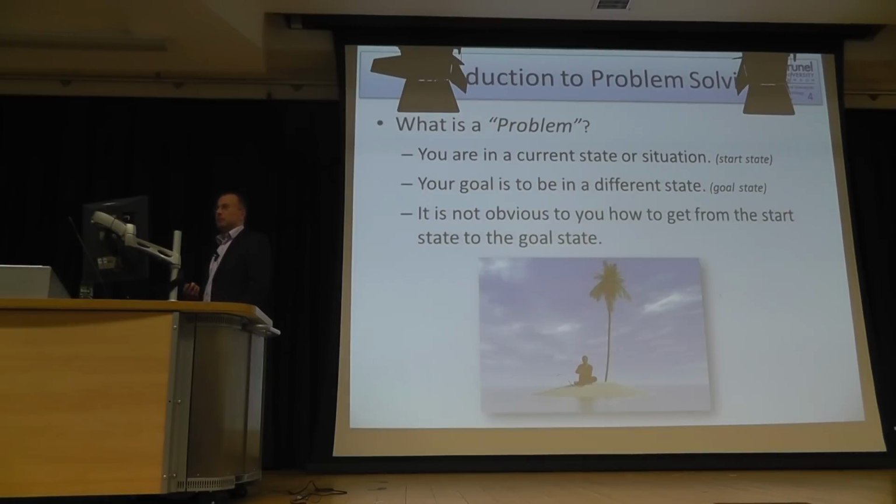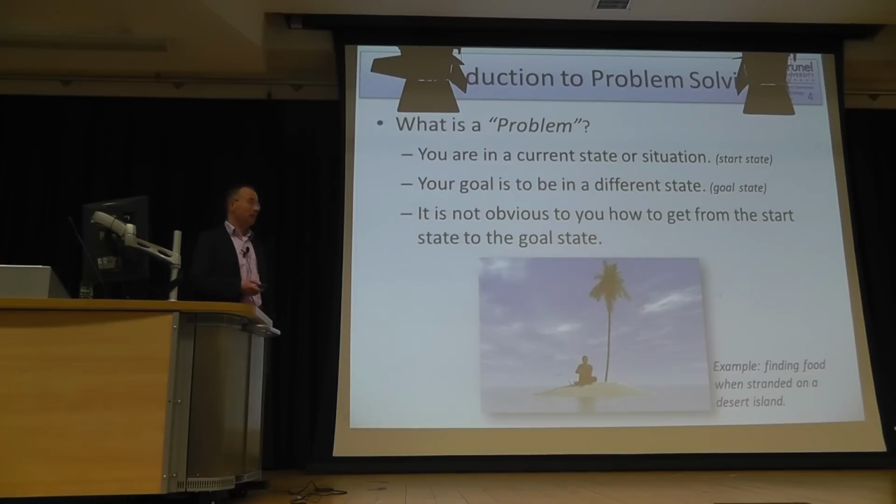And what makes it a problem is that it is not obvious to you how to get from the start to the goal state. So that is a very universal description of what a problem is.